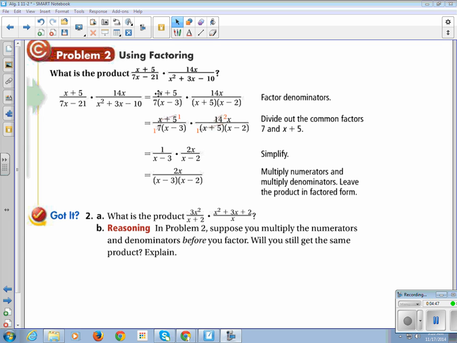So once we do that, all the tops get multiplied together and all the bottoms get multiplied together. And then you can cancel out. So this x plus 5 and this x plus 5 divide out to give you 1. This 7 and 14, 7 goes into both of them. It goes into this bottom one once and into the 14 twice. So once I have those, I know I have 2x for the top and an x minus 3 and an x minus 2 on the bottom.